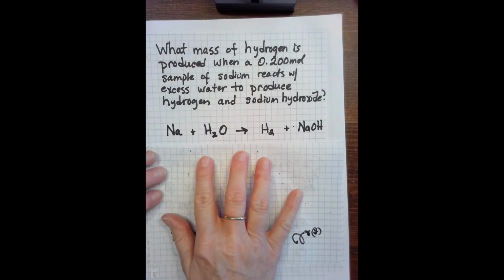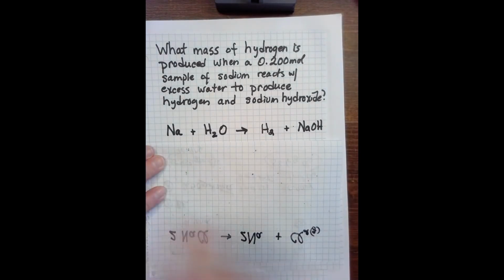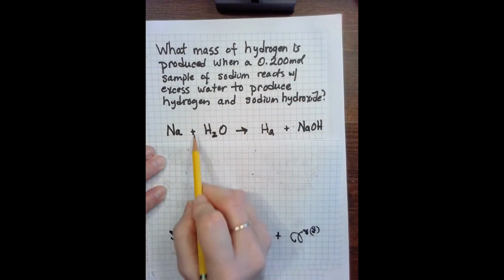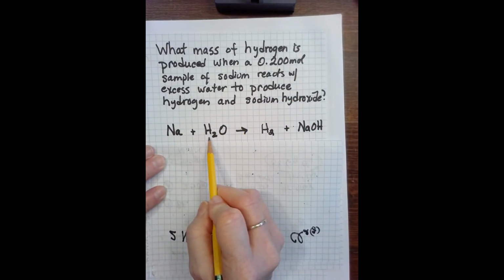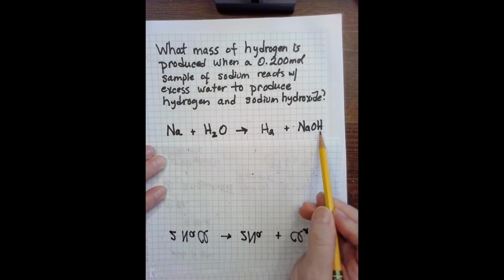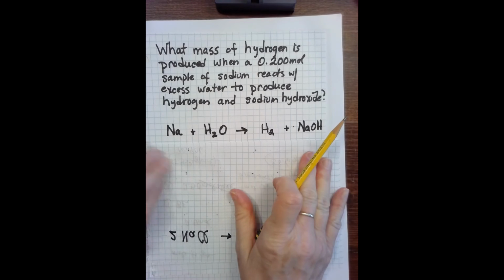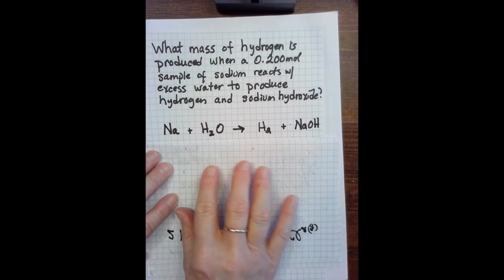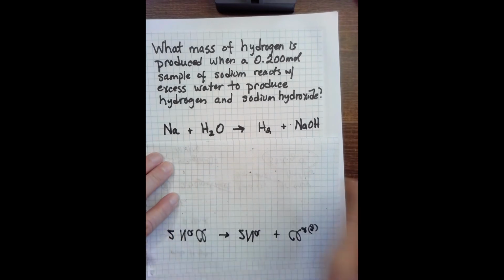Okay, so I wrote the balanced equation to be sodium reacts with water to produce hydrogen and sodium hydroxide. And I'm going to notice that's just my skeleton equation. And then I'm going to balance it.